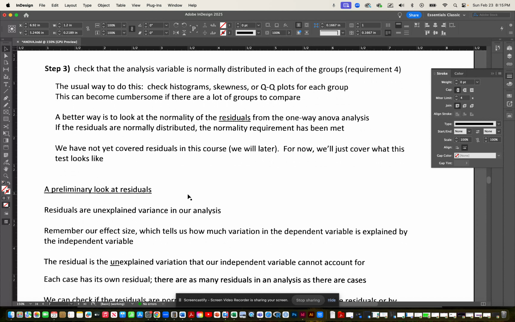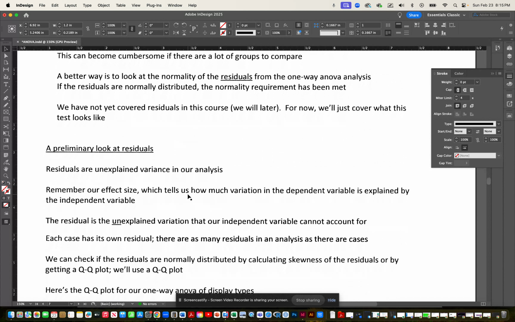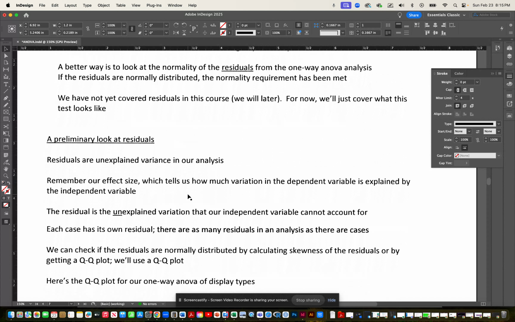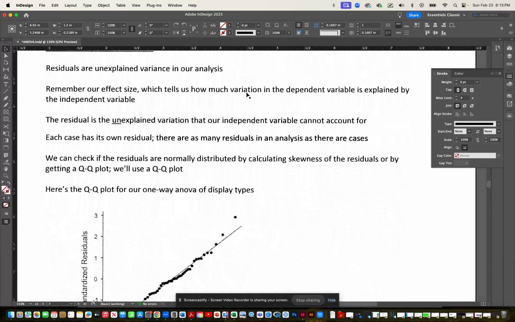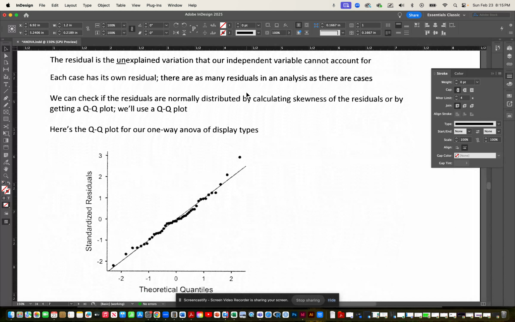Each case will have its own residual. So in this case, we had 60 observations. So we are going to have 60 residuals. And we're going to look at the QQ plot to help us determine if we have met this normal distribution. So here's the plot of the 60 different residuals.